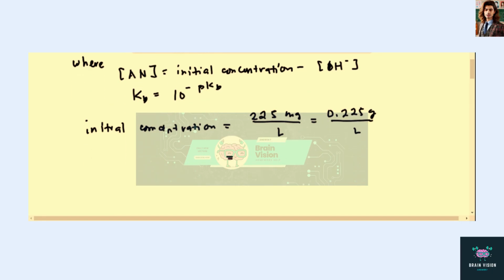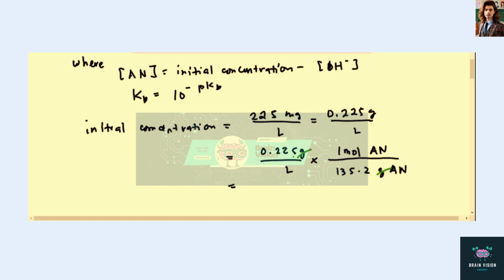So what we will do is divide this by the molar mass of amphetamine. So we have 0.225 grams per liter. 1 mole of amphetamine weighs 135.2 grams. As you can see here, the grams cancel, so that we have moles per liter, which is concentration in molarity.